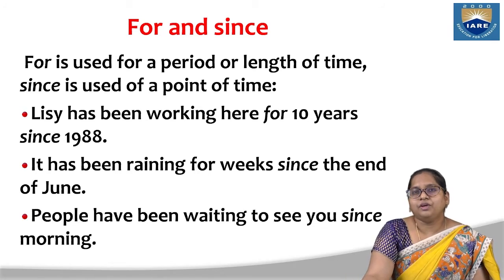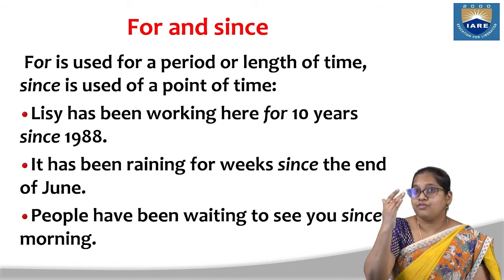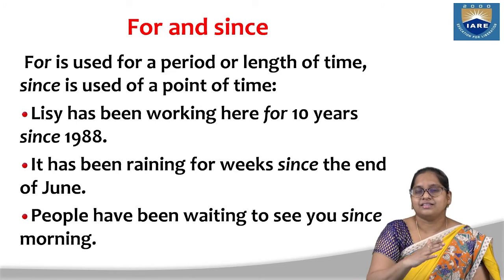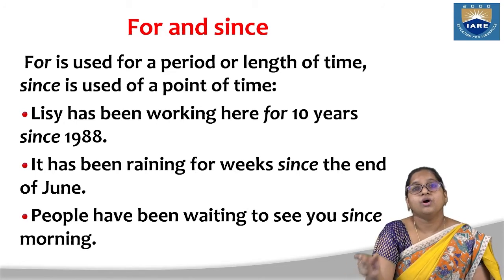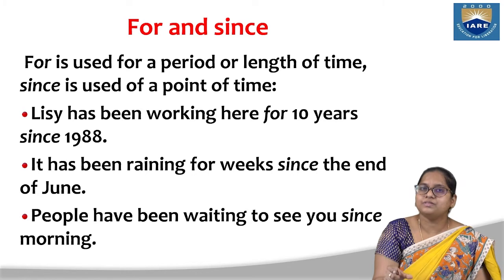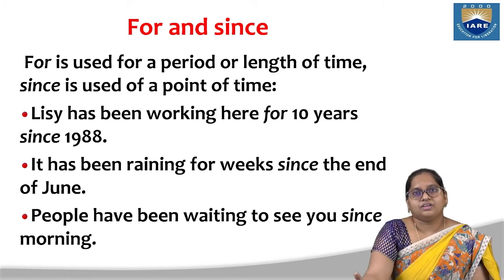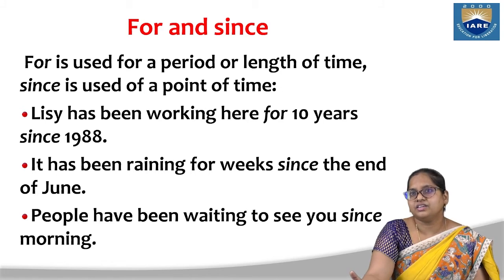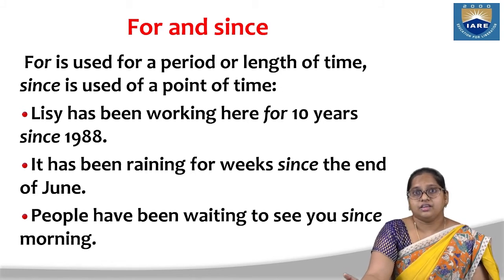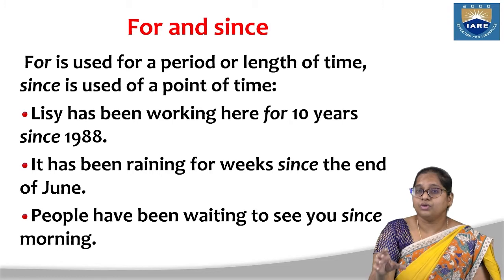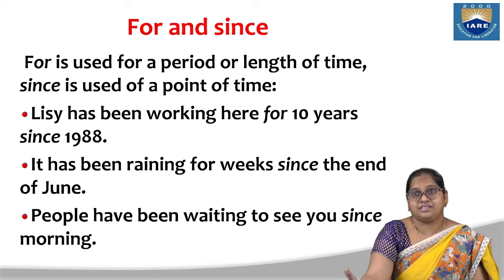Now let me give you an example. For is used over a period of time, and since when you are referring to a point of time, that means a very specific, definite point of time. Lizzie has been working here for 10 years. She has been working here for how long?